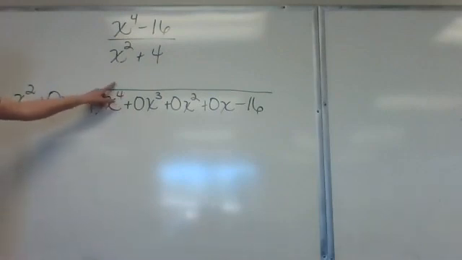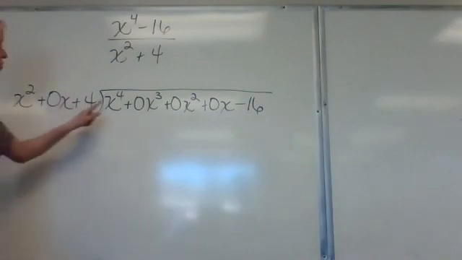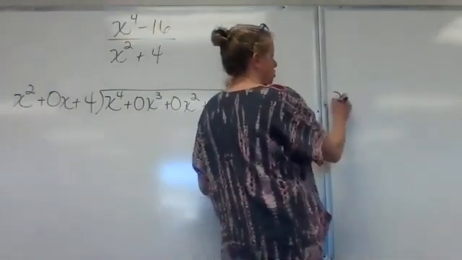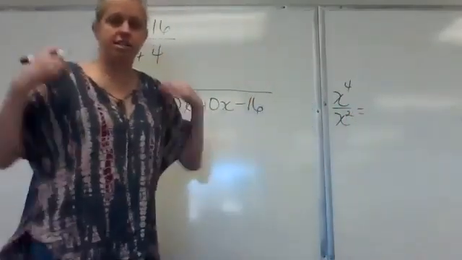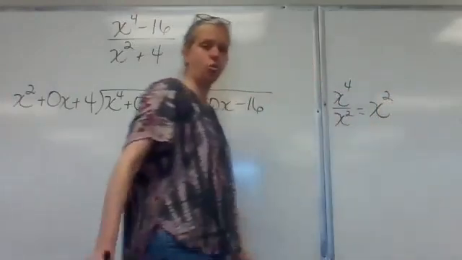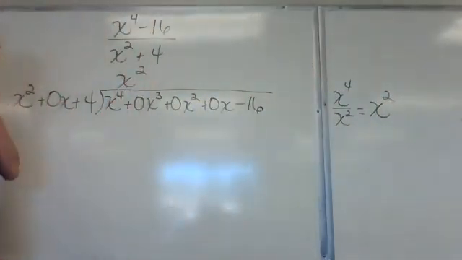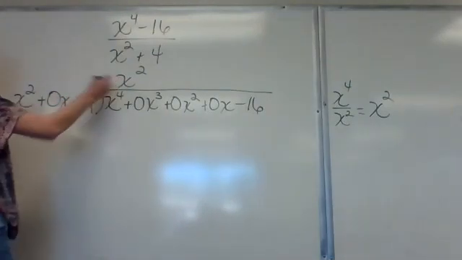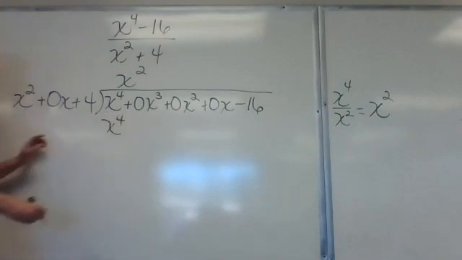Remember, start off this first term over this first term. So I have x to the 4th over x squared. Simplify that. X to the 4th over x squared is x squared. Then multiply x squared times x squared gives me x to the 4th.